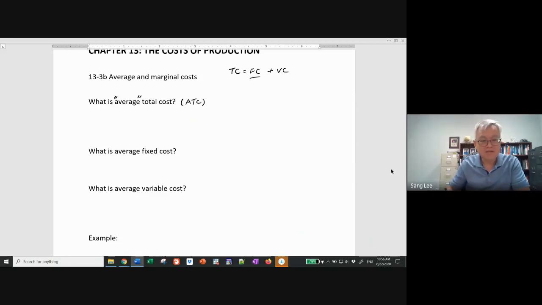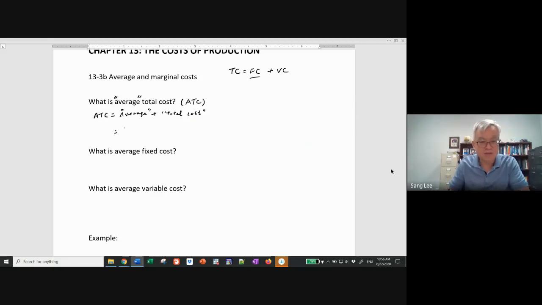So what is the simple definition of average total cost? Here, what do you see? Average and total cost, right? Now average means what? I said we're going to interpret it in the context of a quantity. But what average are we trying to figure out here? Total cost.